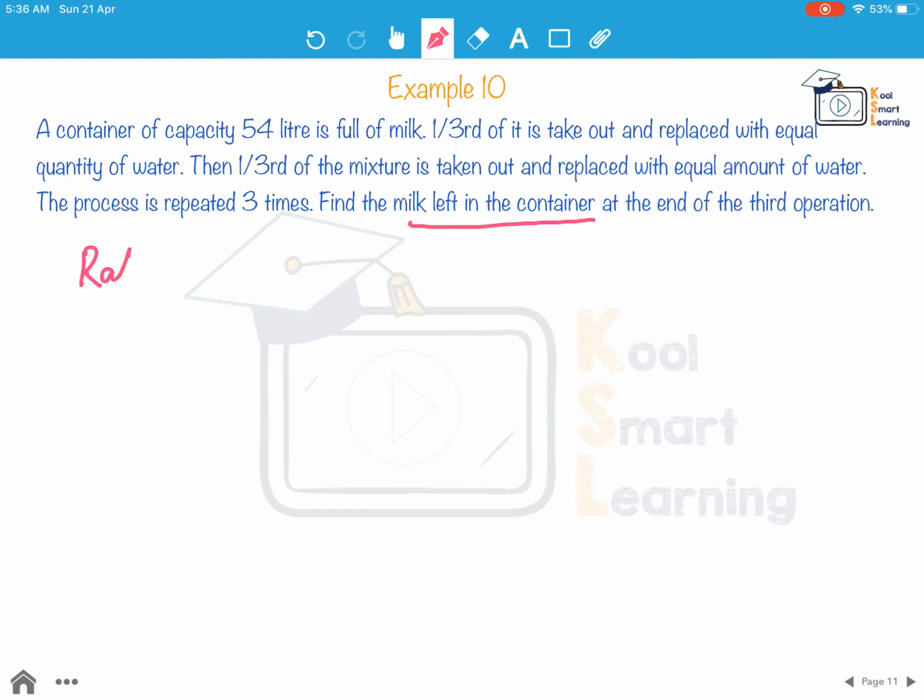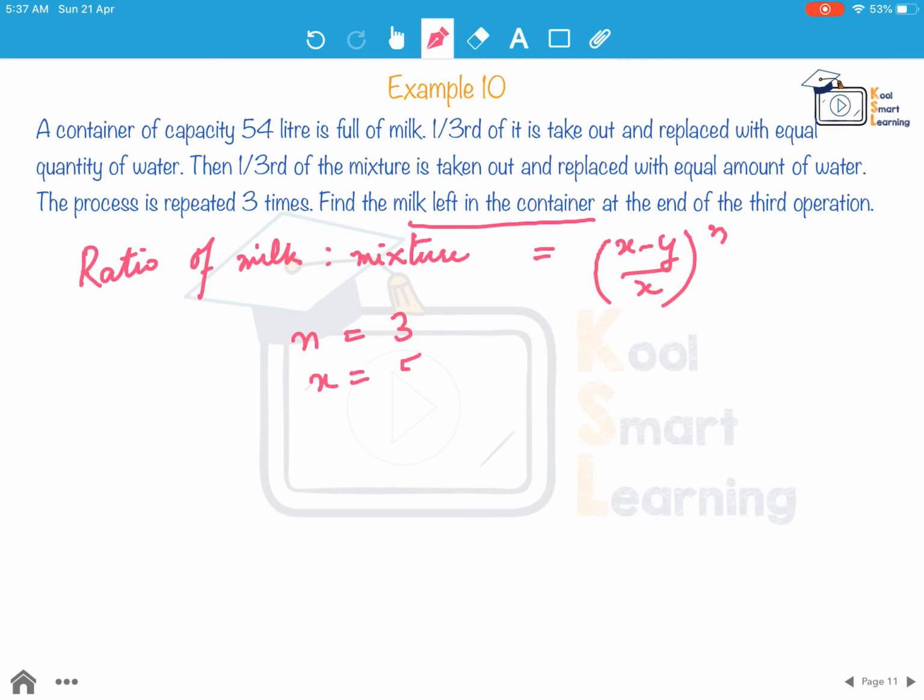So again, using the same formula, the ratio of milk to mixture is given by (x minus y) by x, whole raised to the power n. Since the process is repeated 3 times, n is 3, x is 54 liters, y is 1/3 of 54 liters, which is 18.